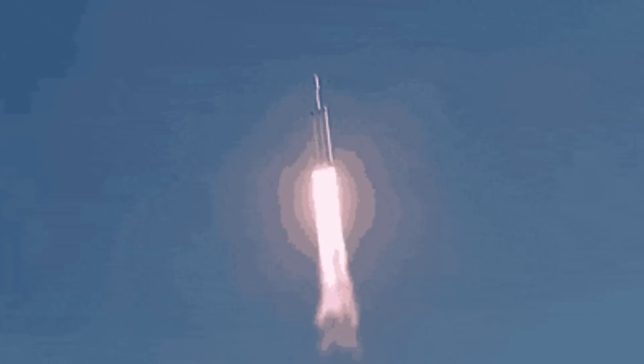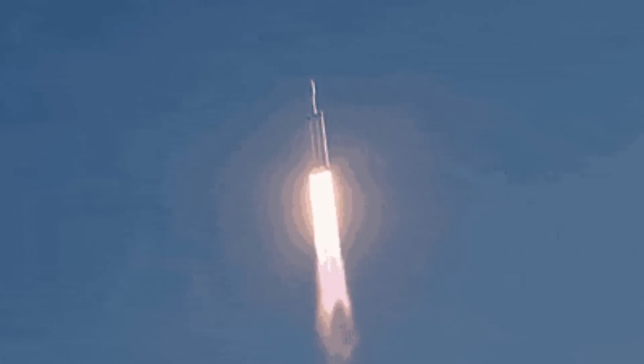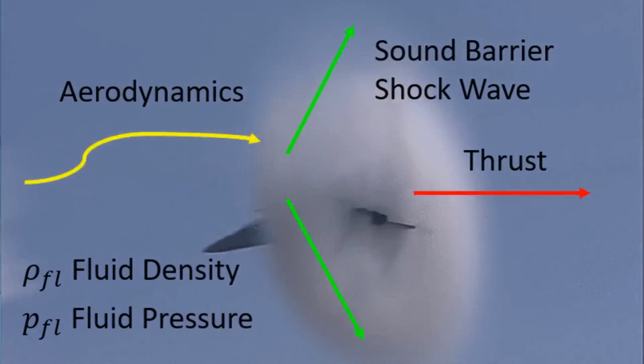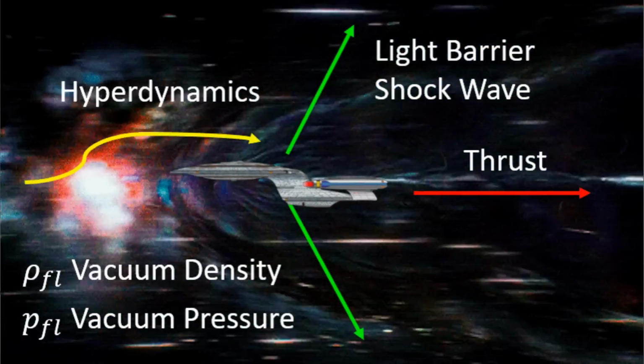If you recall, we have thrust, which is pushing the aircraft through the air. When it reaches the speed of sound, it creates a shock wave around the sound barrier. And the flow of air around it is determined by the engineering and aerodynamics of the aircraft. We can characterize most of this through the fluid density and the pressure of the fluid.